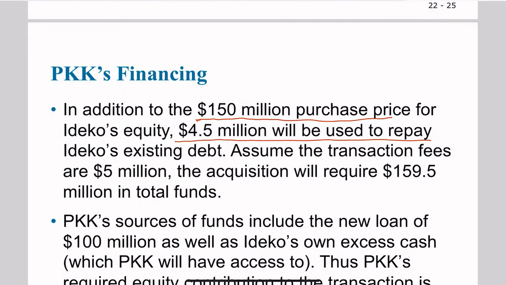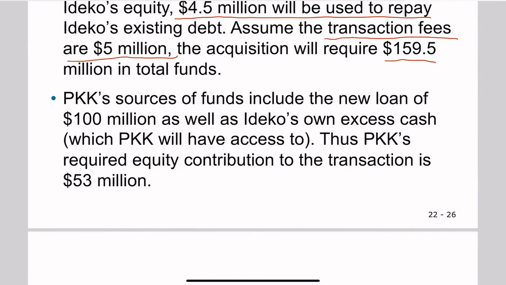This number comes from Idaco's balance sheet from 2010. And now let's assume there is a transaction fee of $5 million. Now you can see that your total expense, or the total amount of money you need for your acquisition, is $159.5 million.